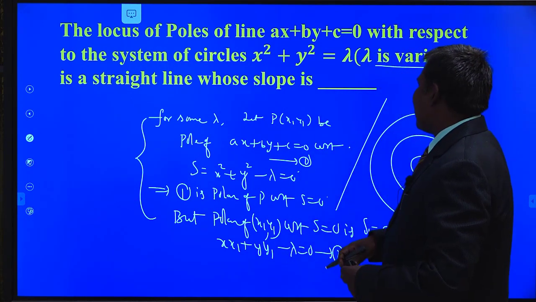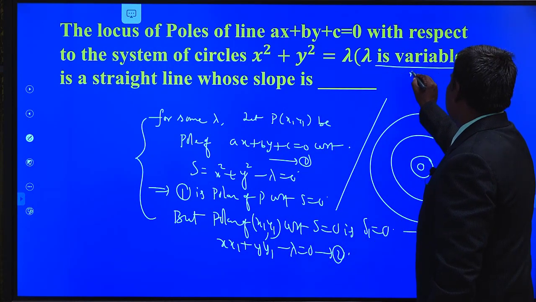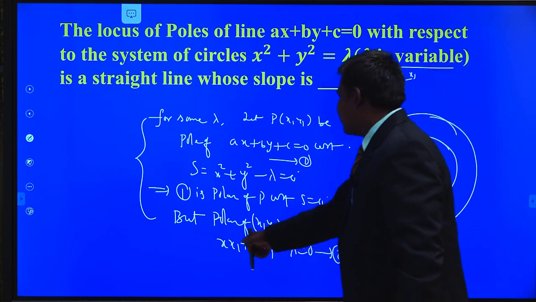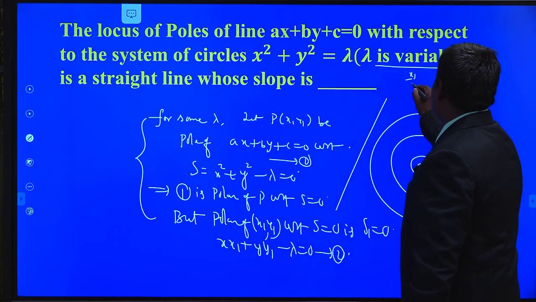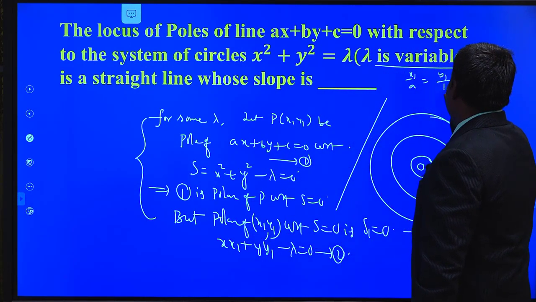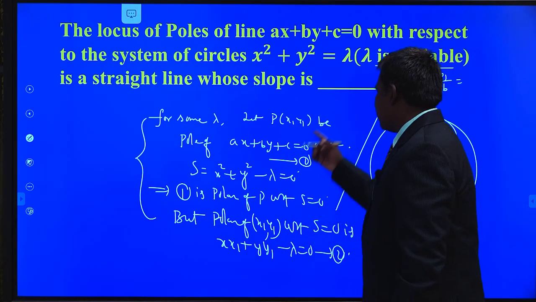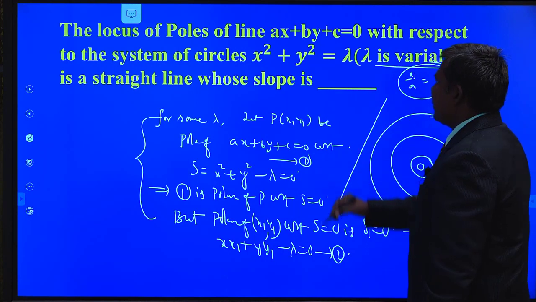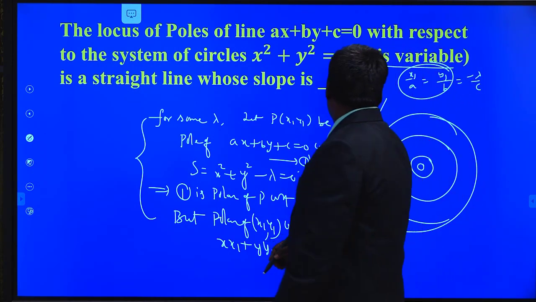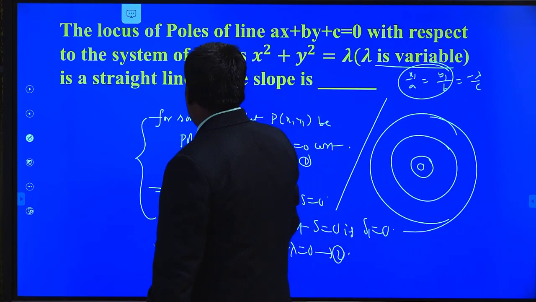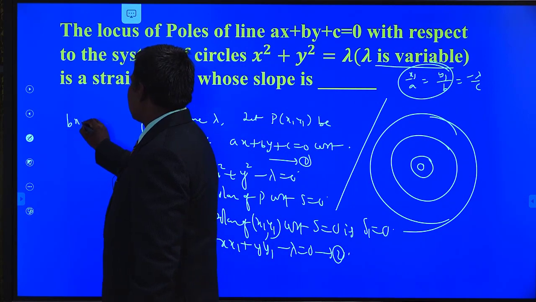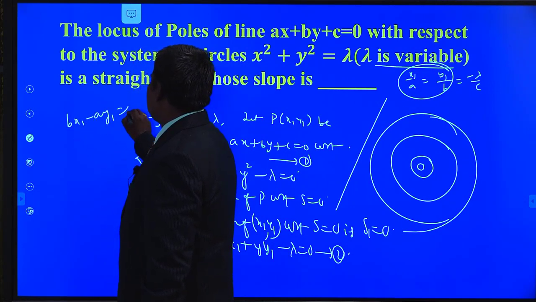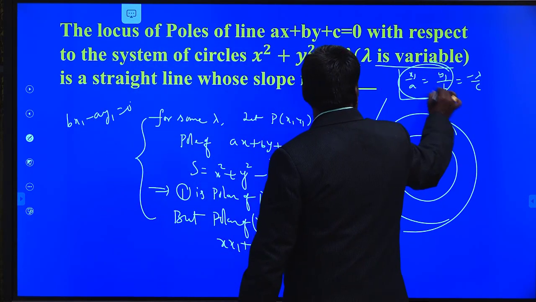So by comparing like coefficients, what do you get? x1 by a is equal to y1 by b is equal to some -λ by c. Just by equating these two, we obtain the required locus: b x1 - a y1 = 0.